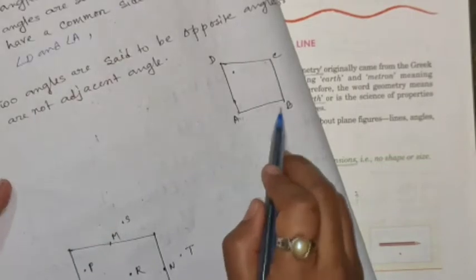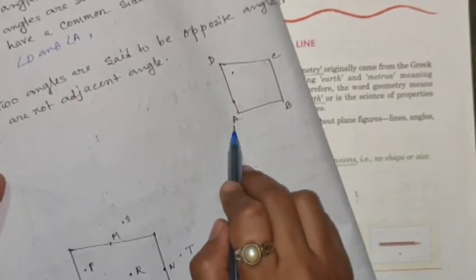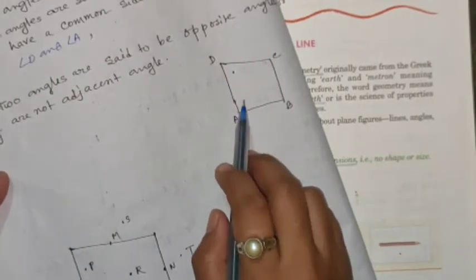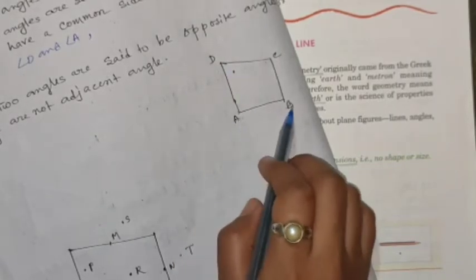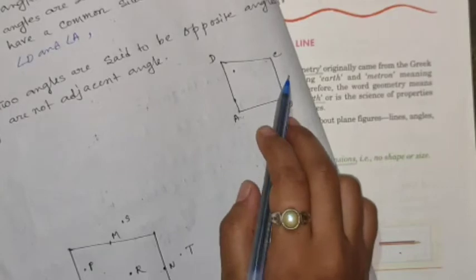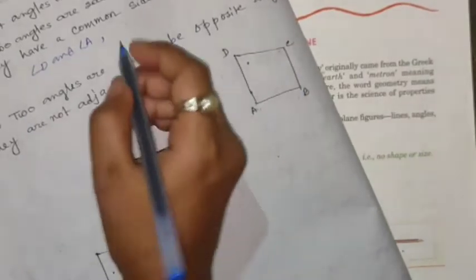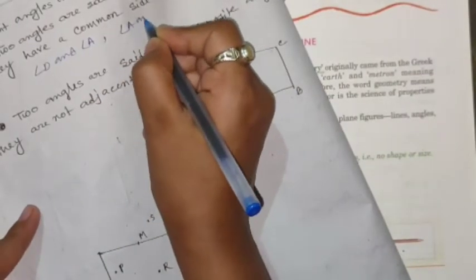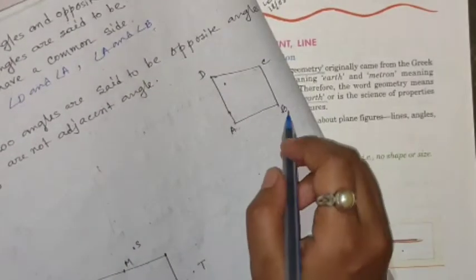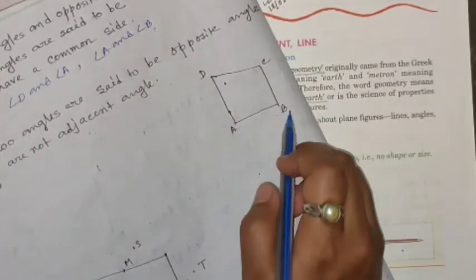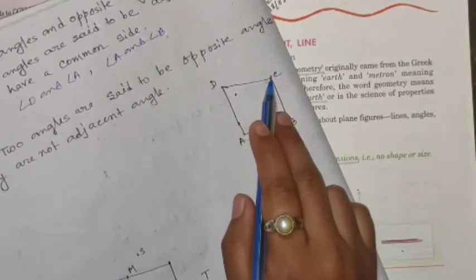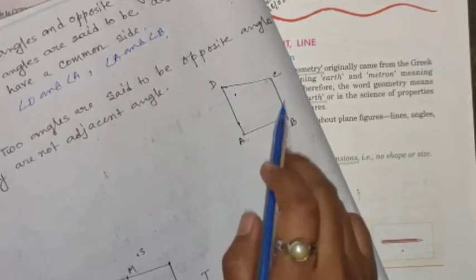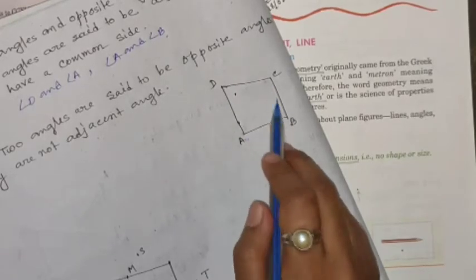Similarly, angle A and angle B. Angle A has AD and AB, and angle B has AB and BC. So angle A and angle B are adjacent angles. Similarly, angle B and angle C. Angle B has sides AB and BC, and angle C has BC and CD. So B and C have a common side, that is BC.